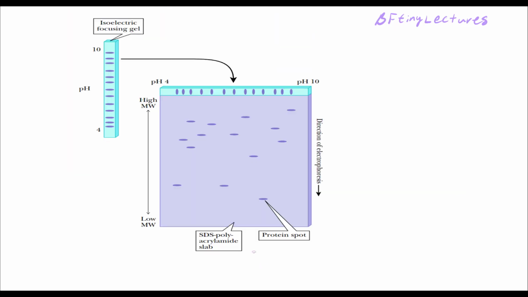This is gel electrophoresis, and if you've taken genetics, you've probably worked with gel electrophoresis. But the difference between biochemistry and genetics in respect to gel electrophoresis is that in genetics you were using an agarose gel, and that actually binds to nucleotides, which is not the focus of this class.